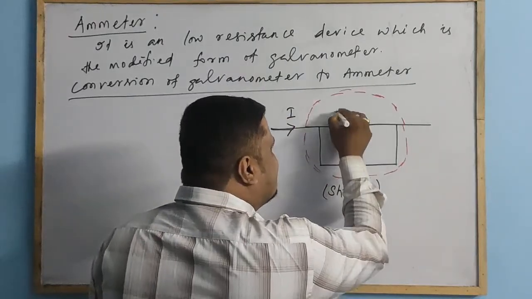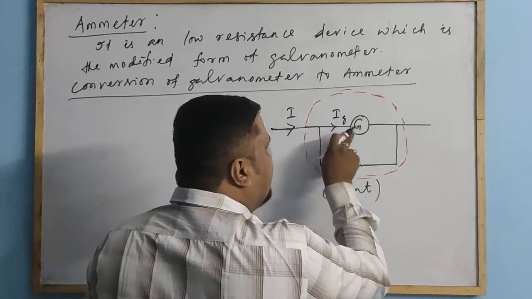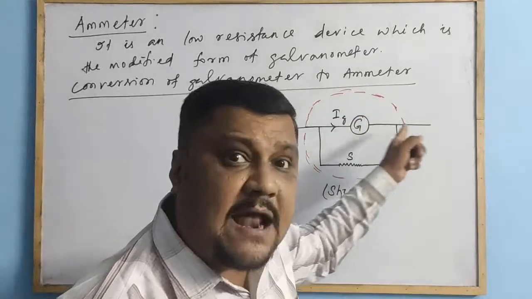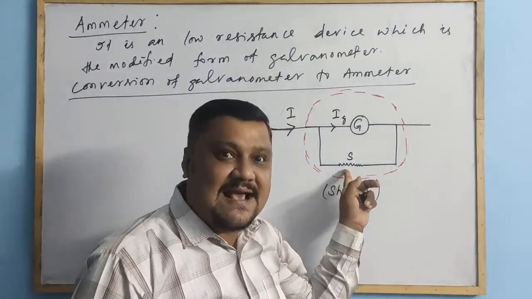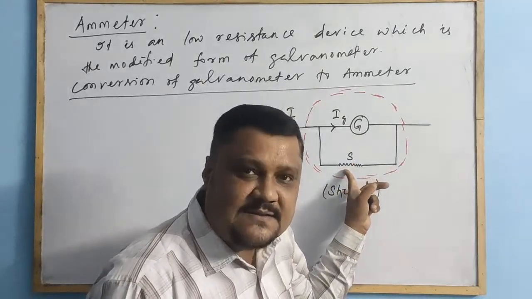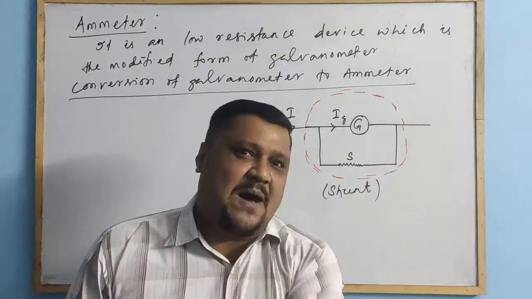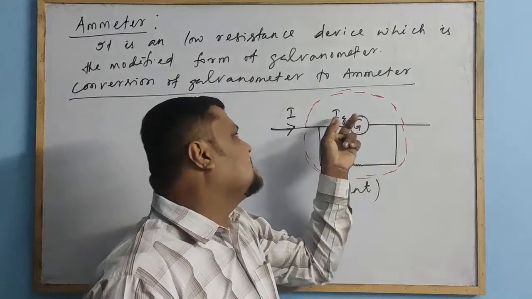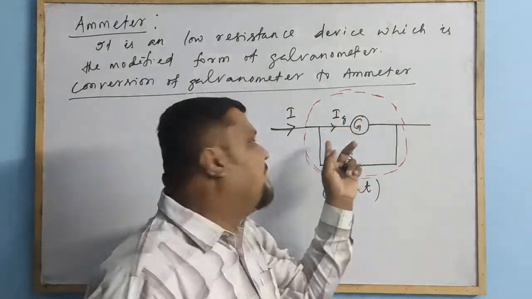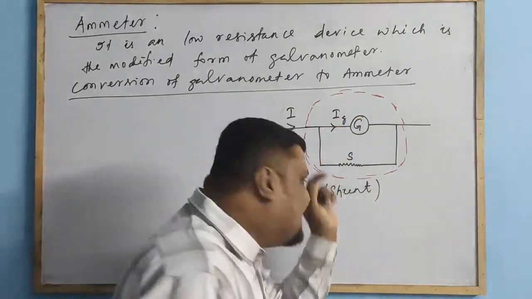Let some current Ig enter through the galvanometer, and because S is a shunt, which is a low resistance, most of the current passes through the shunt. The galvanometer has high resistance, so naturally Ig is very small compared to the current in S. So what is the current in S?